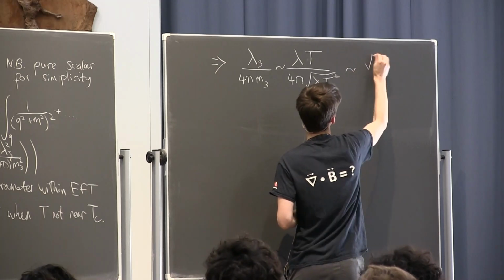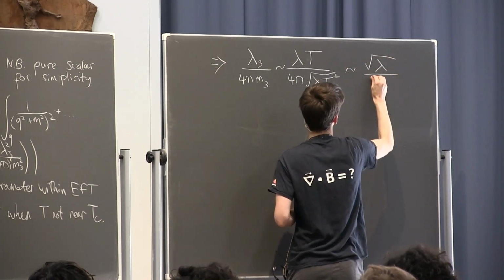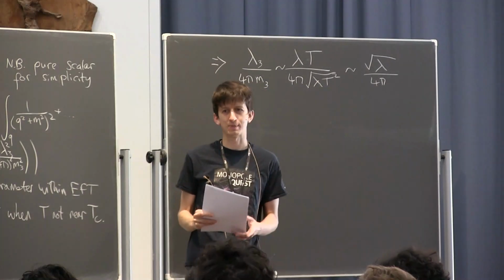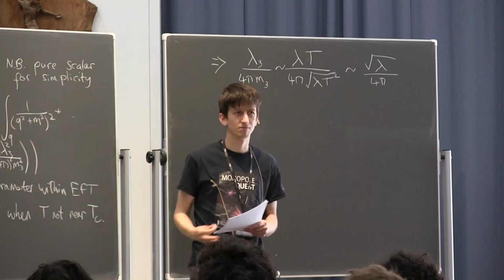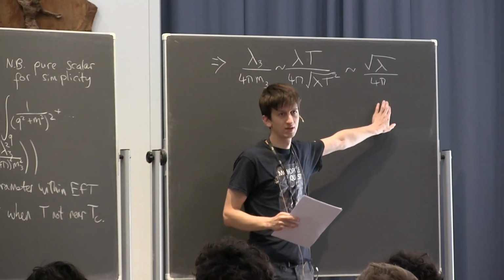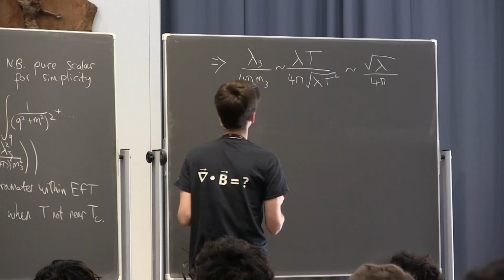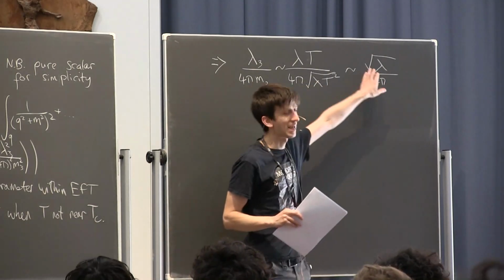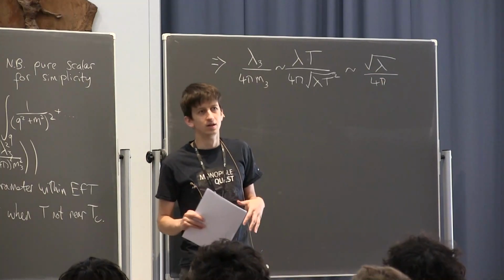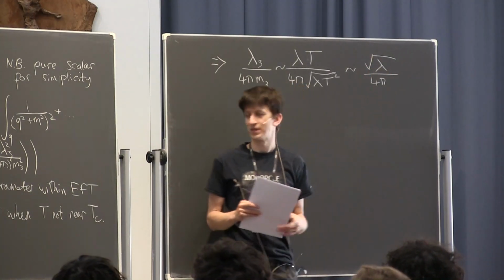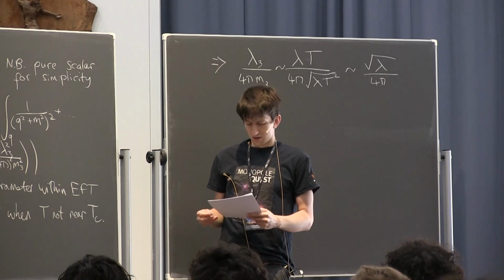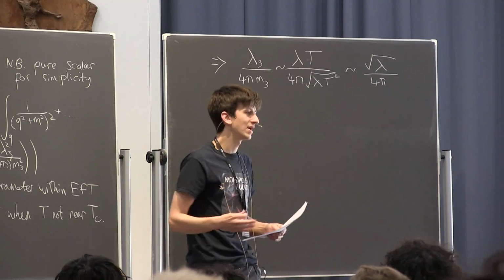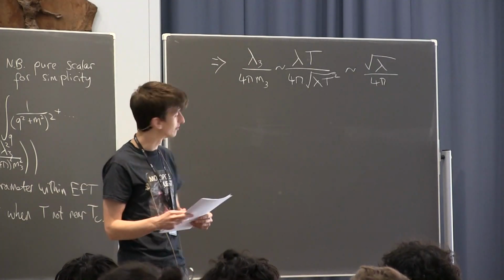So this goes like square root of lambda over 4 pi. So this is my loop expansion parameter within the EFT, away from TC. And you'll note that this is smaller than my usual loop expansion parameter at 0 temperature, which would be lambda divided by 4 pi squared. So it's kind of the square root of the usual loop expansion parameter, which means the loop expansion within the EFT is converging slower than you might expect from 0 temperature physics.